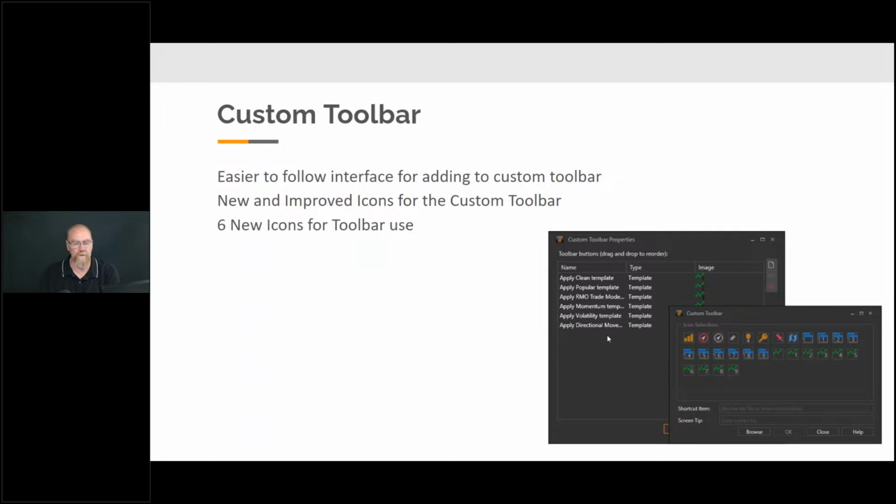You can take off what's there, make it the templates that you use. You can also call other programs or web pages directly from within MetaStock by using the custom toolbar. Definitely a big feature that is probably not used enough in MetaStock to help you with navigating your web browser, as well as your broker site and other things. You could use this custom toolbar.